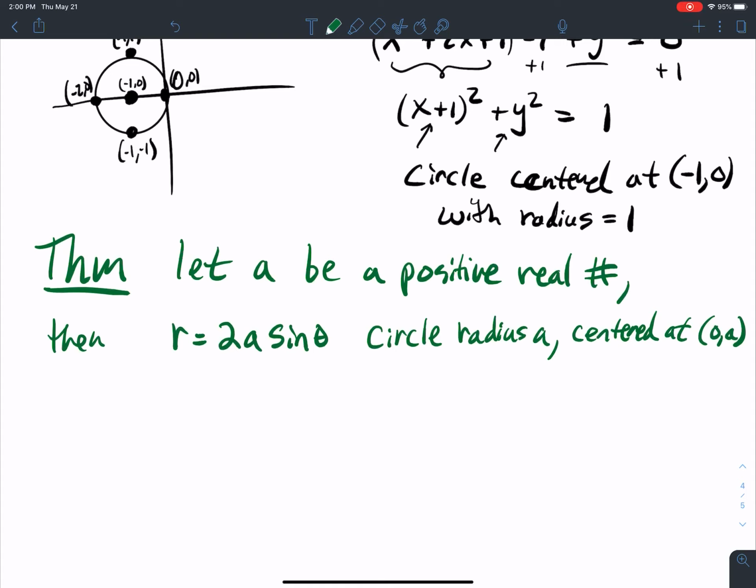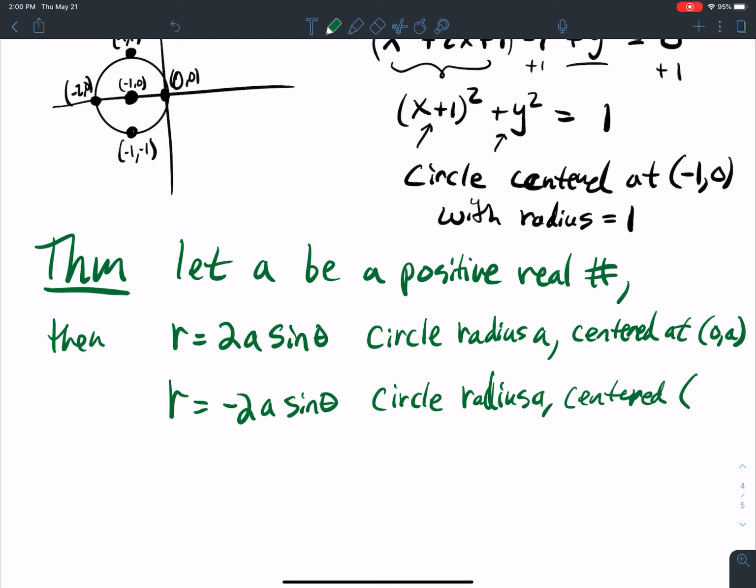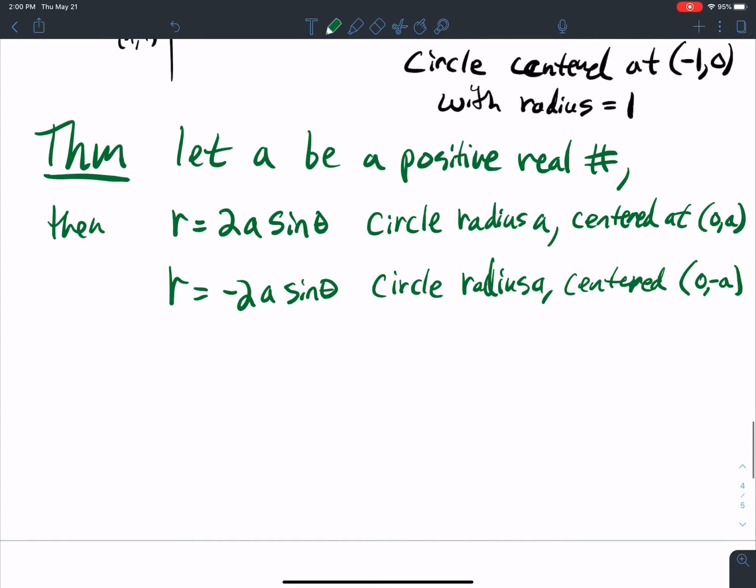Okay. r equals -2a sine theta is a circle, radius a, centered at (0, -a), okay?